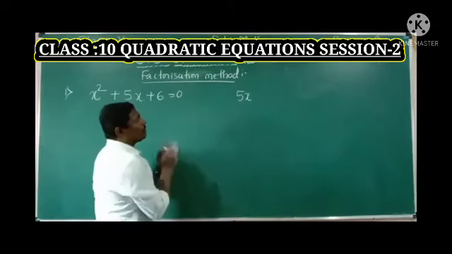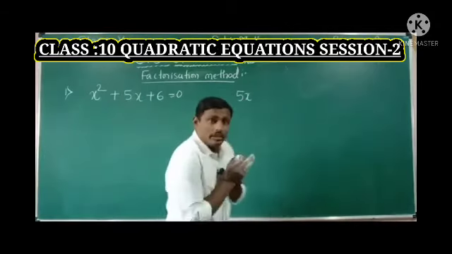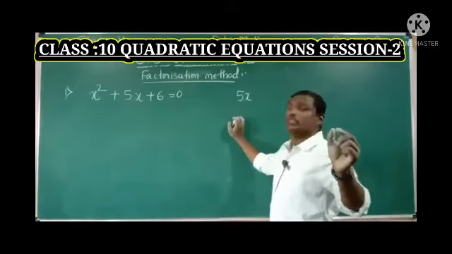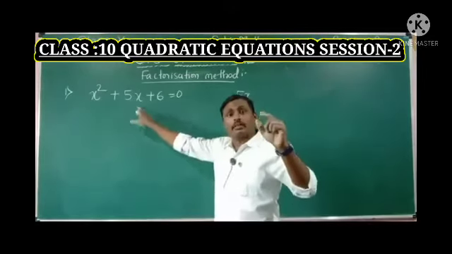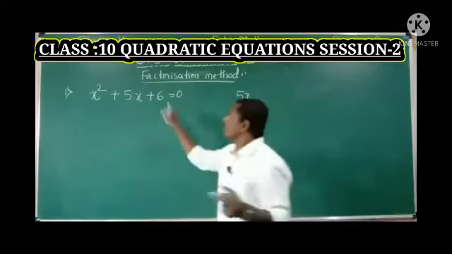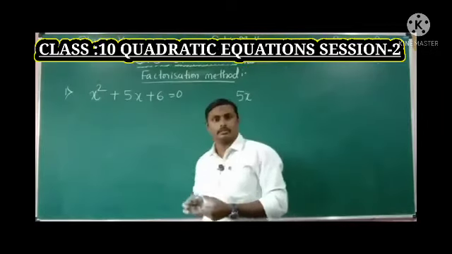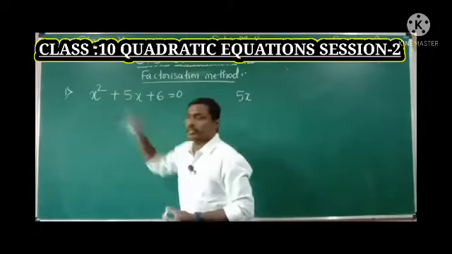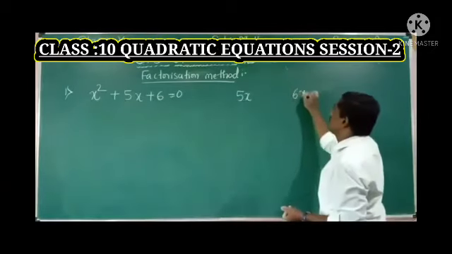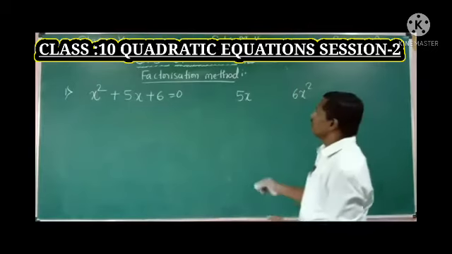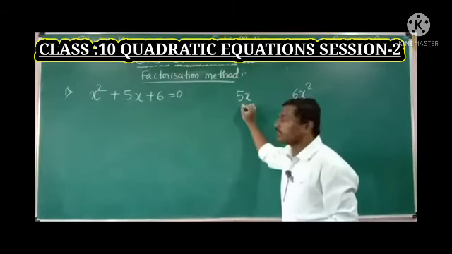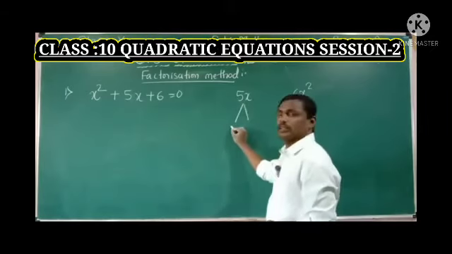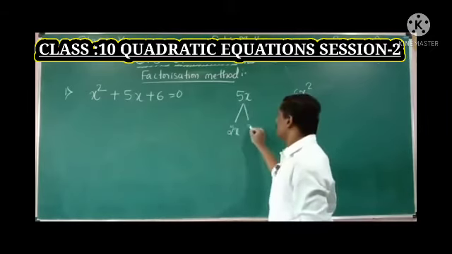You need to split the middle term into two terms or two factors. The sum of the two terms is equal to the middle term, whereas the product of the same terms is equal to the product of the first term and last term. What is the product of the first term and last term here? 6 into x square, 6x square. Here first I need to write the two factors of 5x. What are the two factors? 2x and 3x.